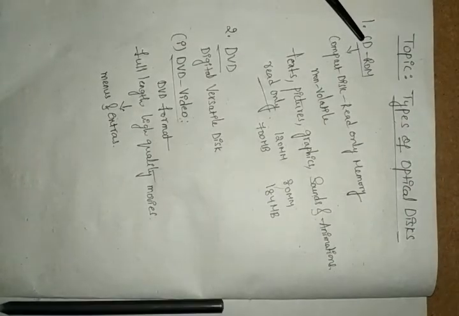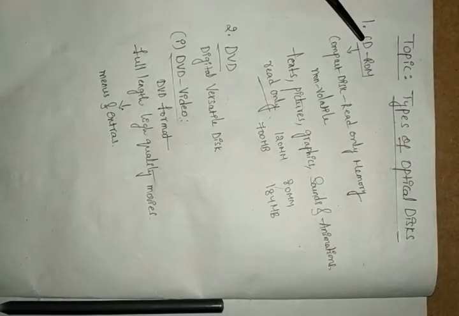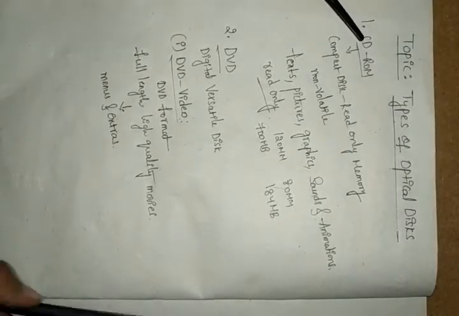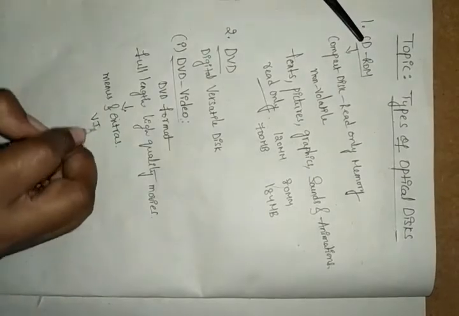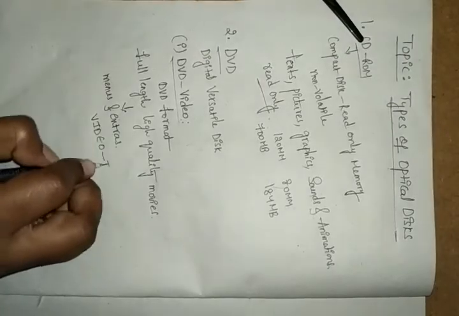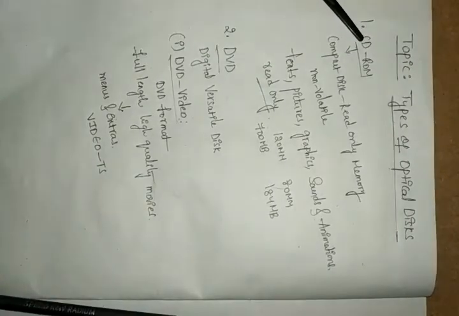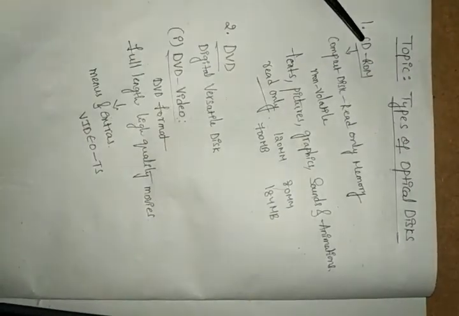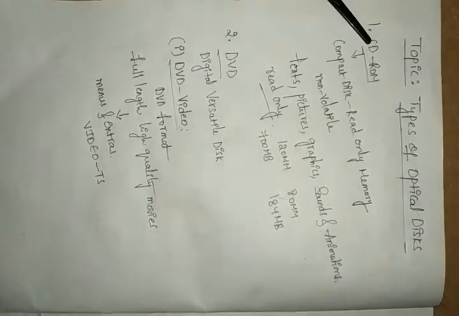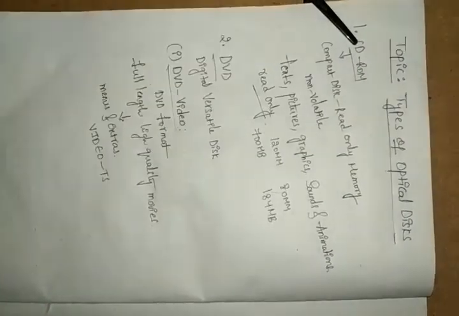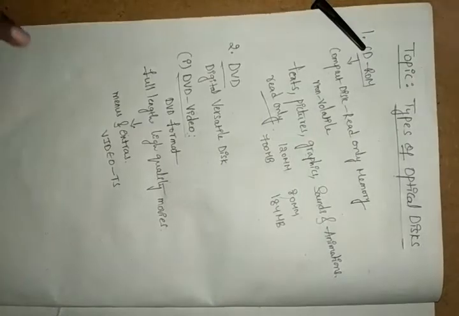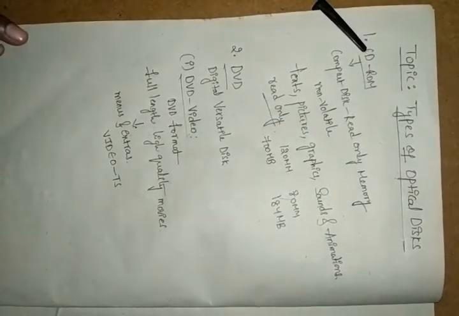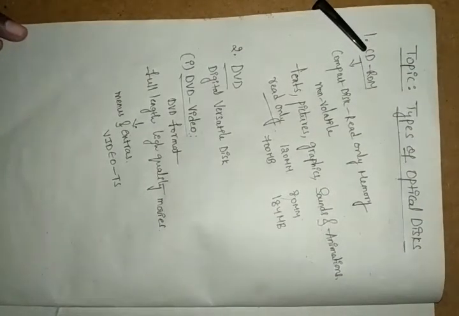And here all the movie videos and audio files are stored in one folder, which we call the VIDEO_TS folder. Whatever videos and audio files we have are stored in it.